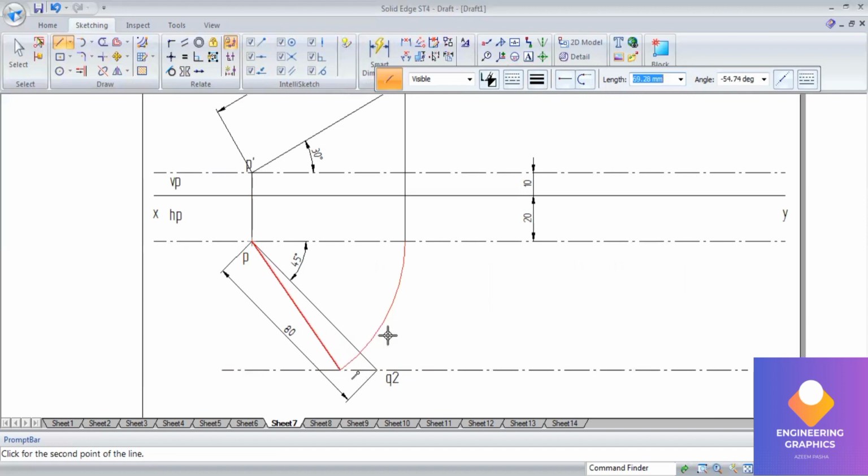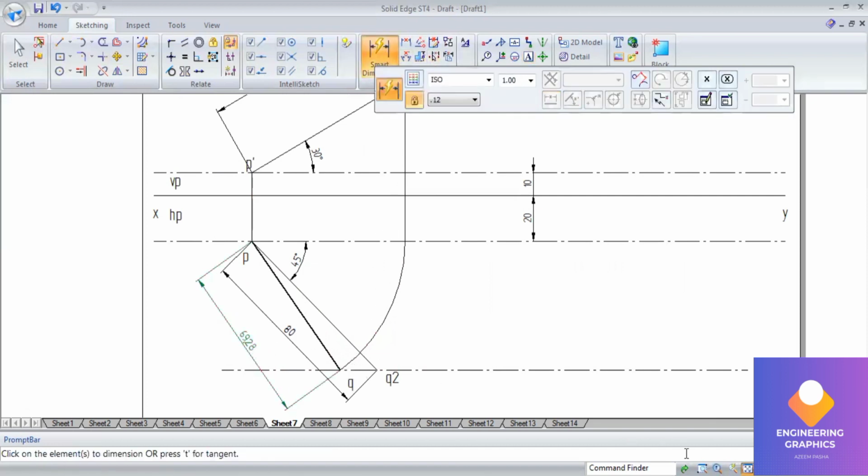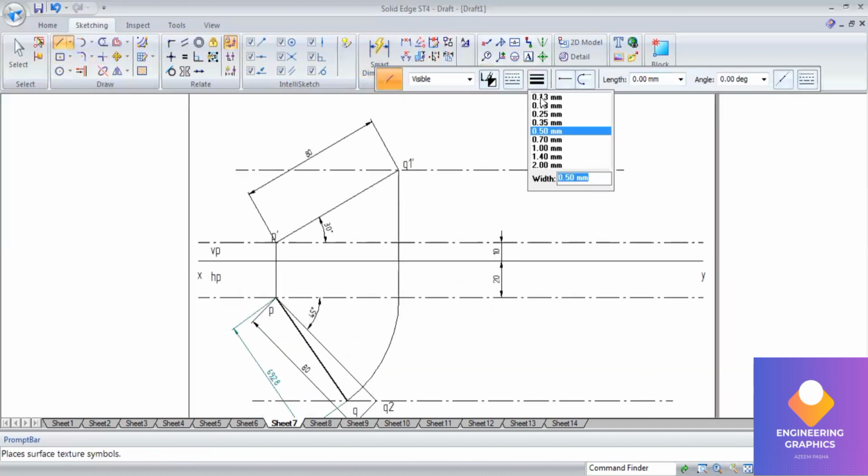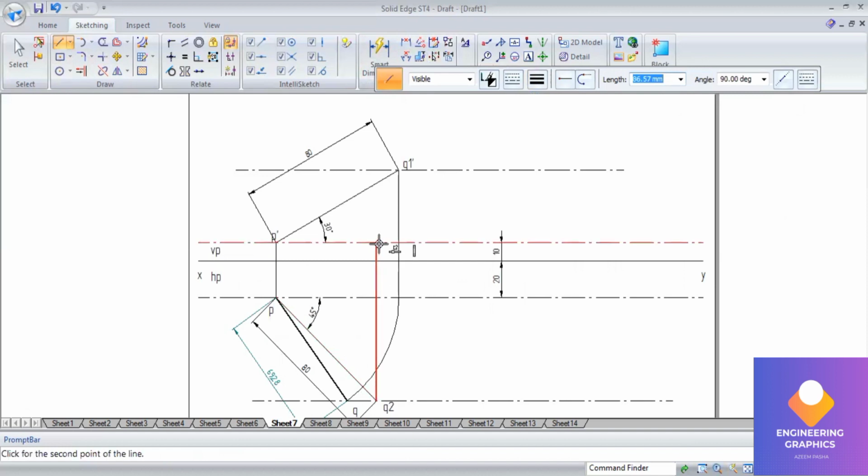Okay, this is your PQ, this is your end PQ. In the same way I'll be projecting upward vertically from Q to above Q2 end, and go to arc by center, measure the length from here to here and cut the arc.